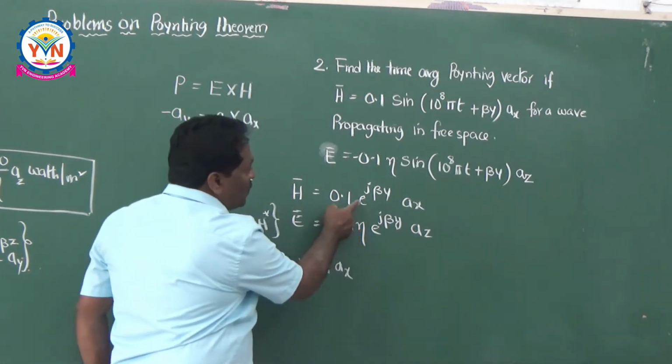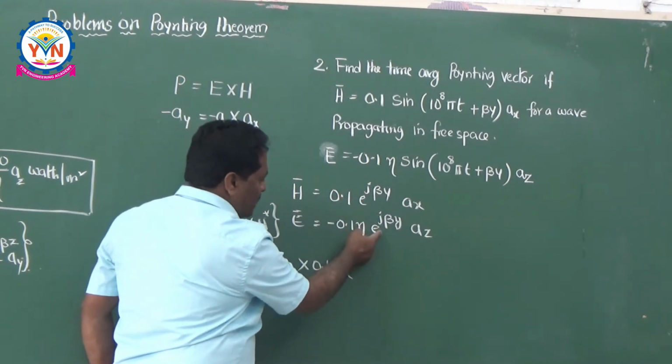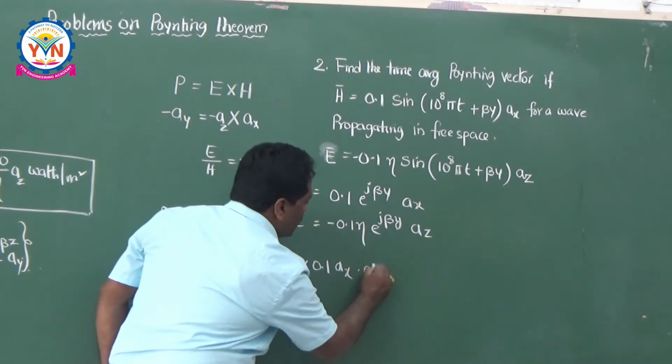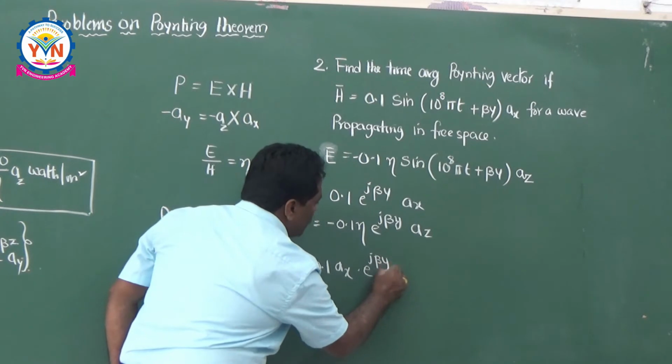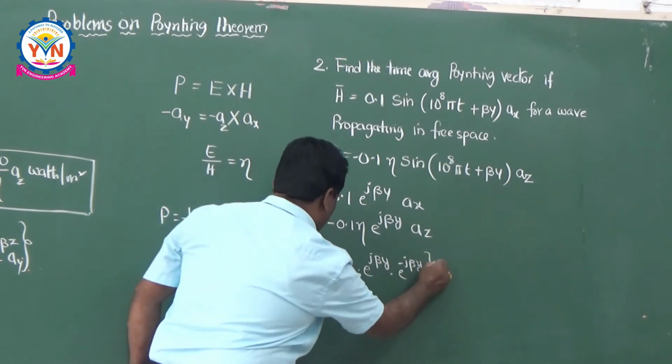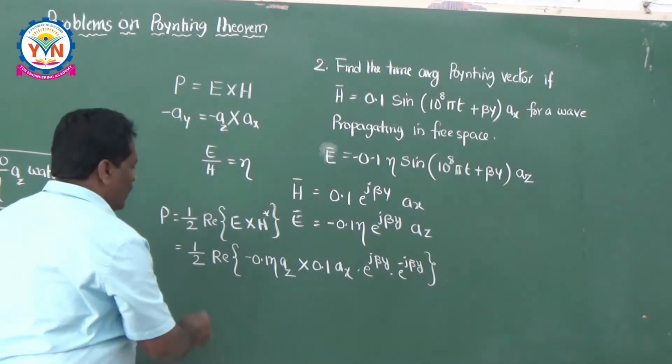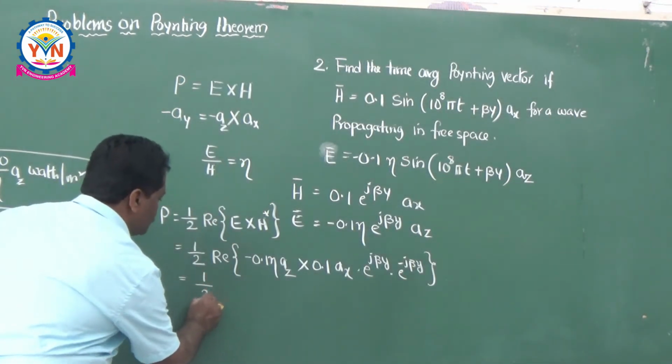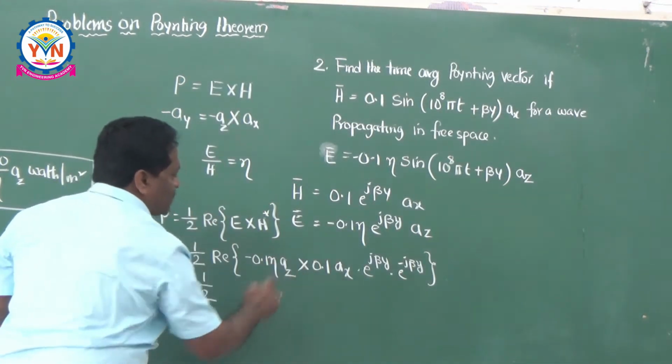Conjugate means e to the power of minus j beta y instead of plus j beta y. So e to the power of j beta y into e to the power of minus j beta y becomes e to the power of 0, which is equal to 1. Therefore, this is equal to half into az cross ax.